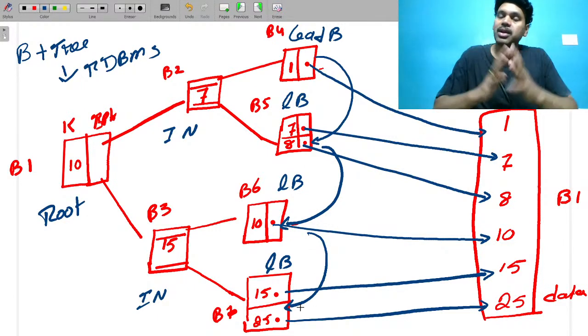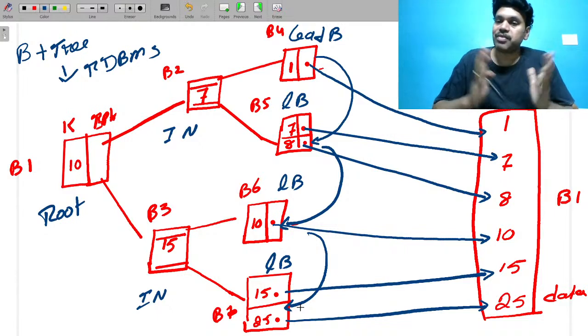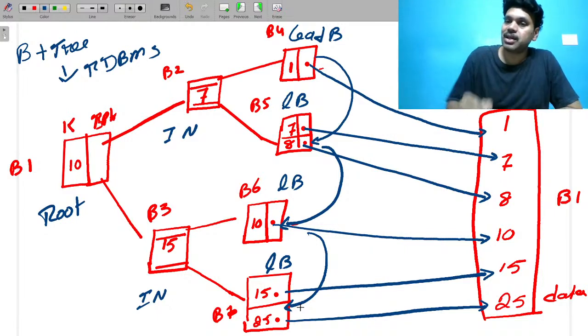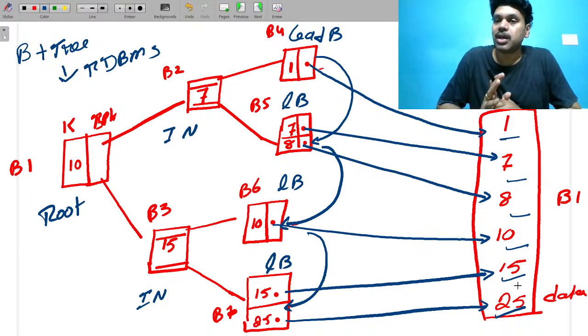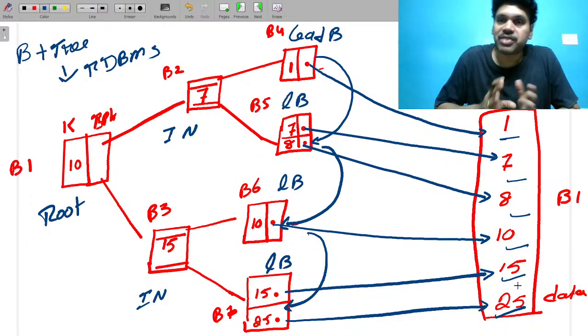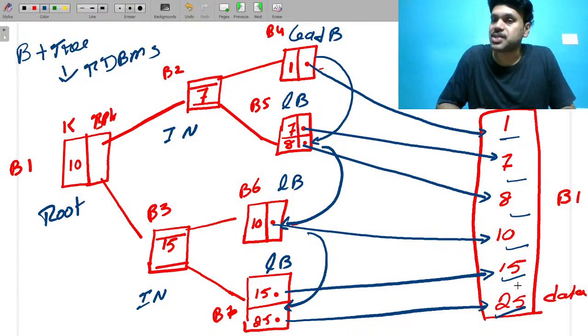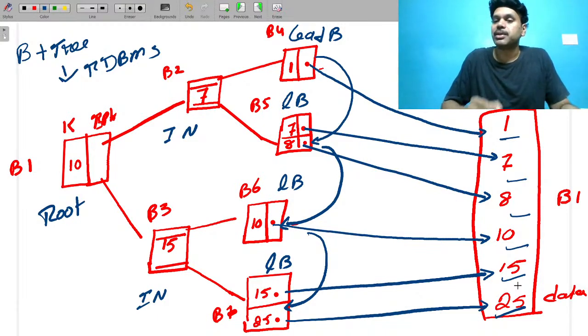So this is your complete B plus tree for the given 6 keys: 1, 7, 8, 10, 15, 25. My dear friends, observe, this is how you can compute the B plus tree. But I have performed only right splitting. If you want left splitting, I will show you with the same keys in a quick manner.